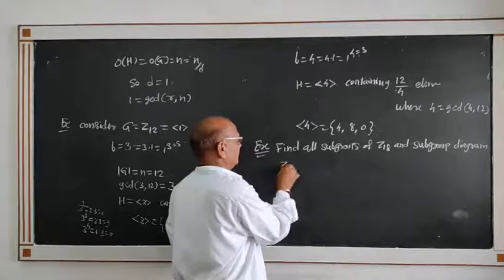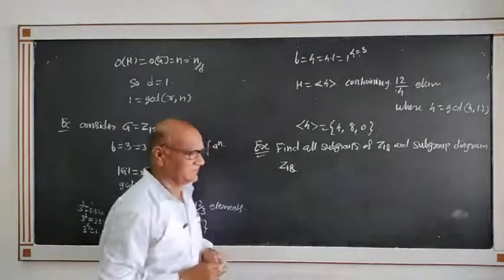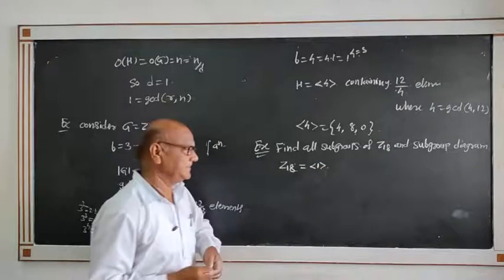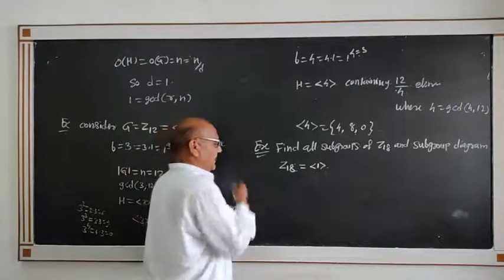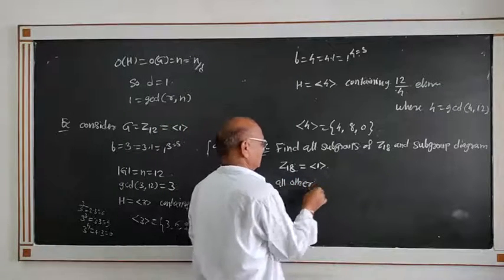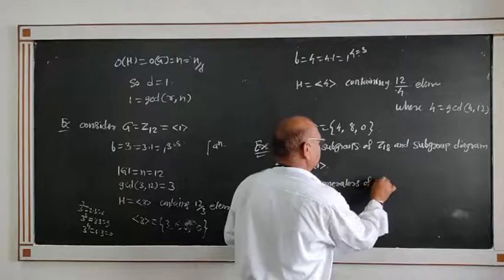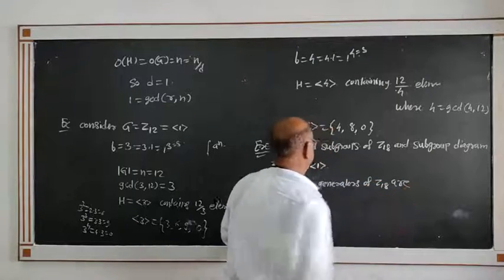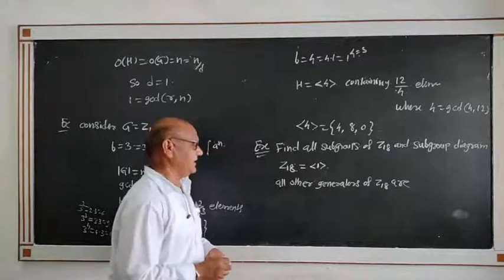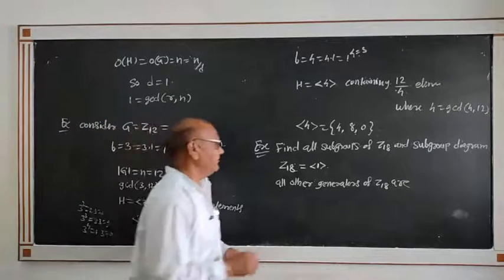Here Z18 contains 18 elements. By the corollary, all other generators of Z18 are, here A is equal to 1, then A to the power R, where R is relatively prime to 18.